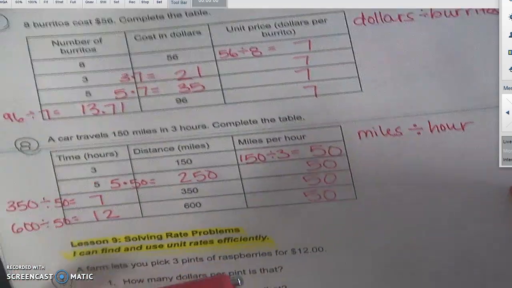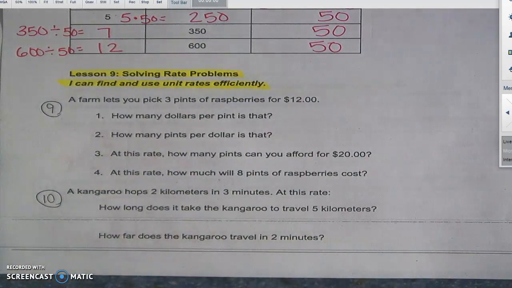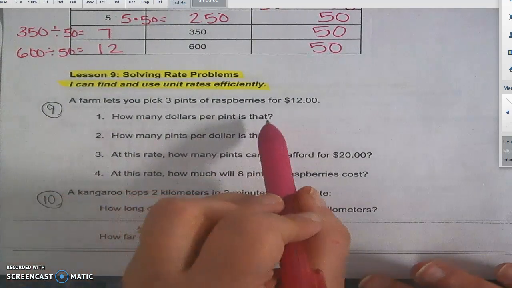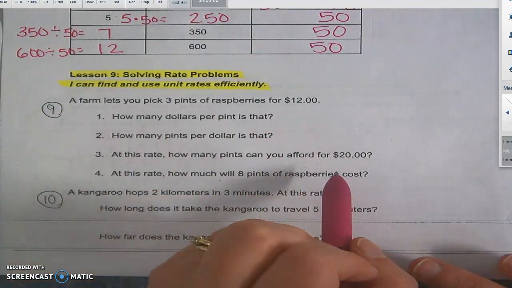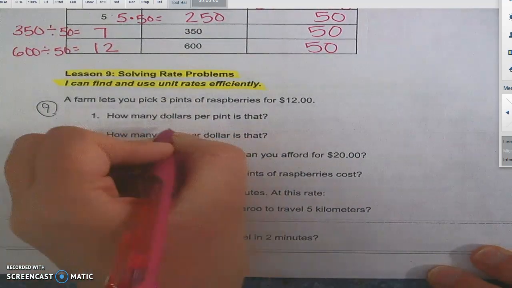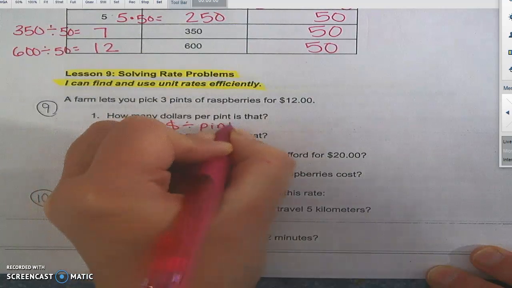All right, so on to the last section, which is good because I only have 3 minutes left that I could possibly talk for. A farm lets you pick 3 pints of raspberries for $12. You have the choice. You can either divide or you can use a table. So when I want to know dollars per pint, I'm going to do dollars divided by pints.